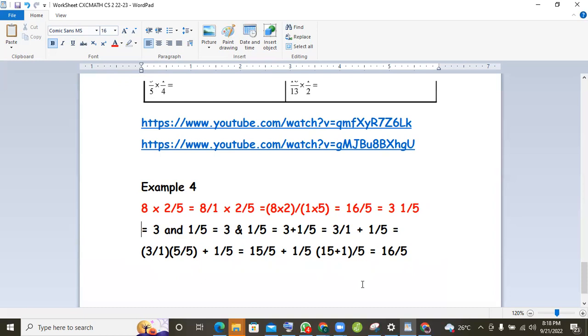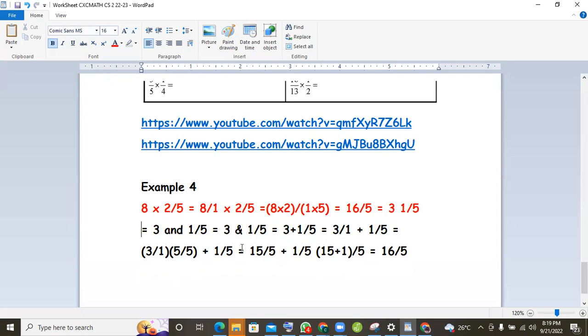To convert an improper fraction to a mixed number, you divide and you subtract. Because you see 3 into 16 goes 3 times, and then 16 minus 15 will give us 1.